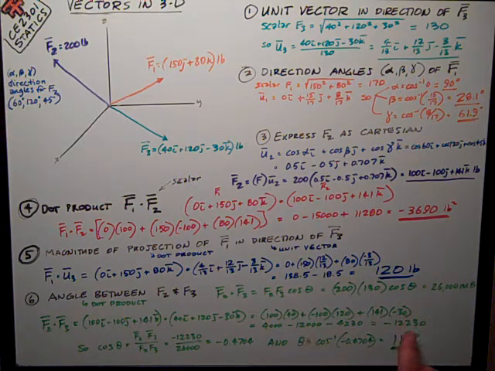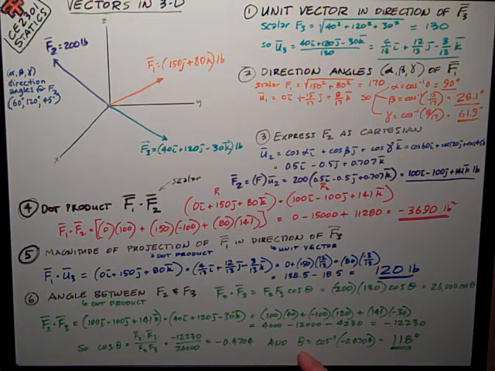I get negative 12,230. So the cosine of theta is equal to that, and then I divide by F2 and F3 multiplied together, which I've got from up here. Remember, I got to keep that negative sign up there. That's important. Negative 0.4704. So theta is the cosine inverse of that, 118 degrees.